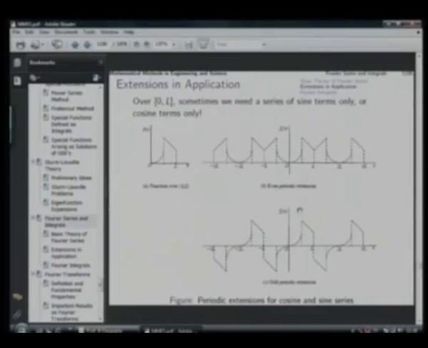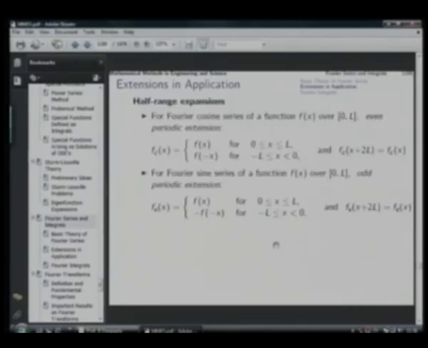So, from 0 to L the function is defined like this, over minus L to 0 we define the extension in this manner, and then repeat that sequence from minus L to L, and this will give us a sine series. The corresponding series that we get out of it are called half range expansions, which are valid only for the half range from 0 to L. Beyond that it has no meaning, its values have no sense.